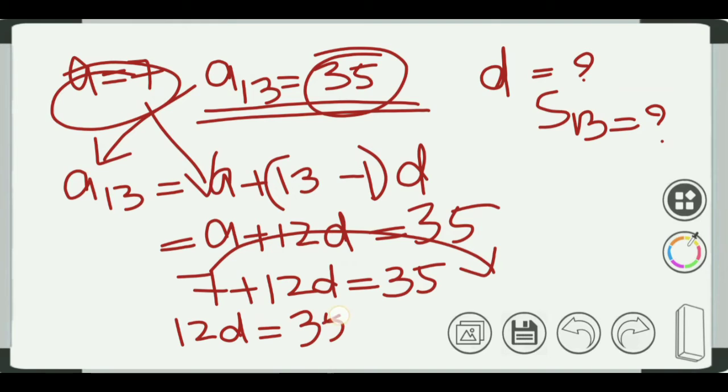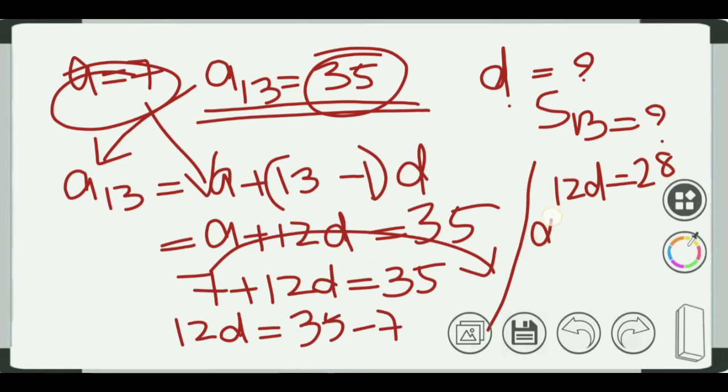So 12d equal to 35 minus 7 is 28. Therefore d is equal to 28 divided by 12. You can divide it. What is 28 divided by 12? 2.33. So d value will be 2.33.